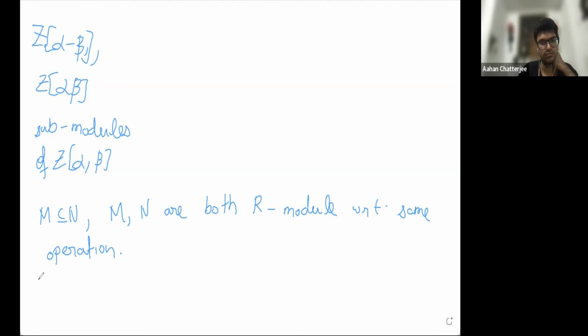So it's clear that these are submodules.